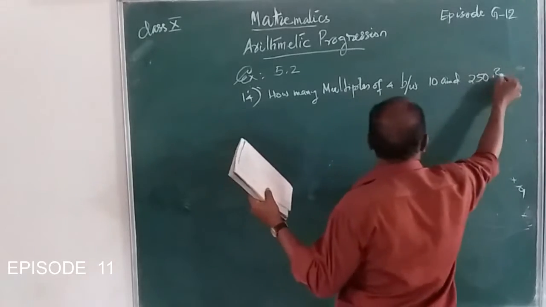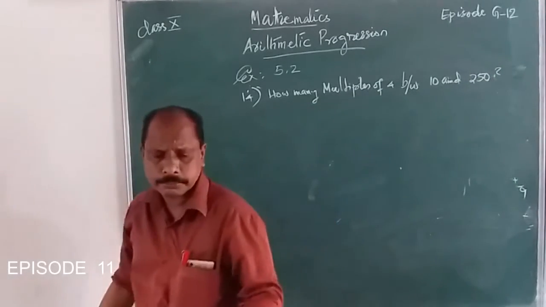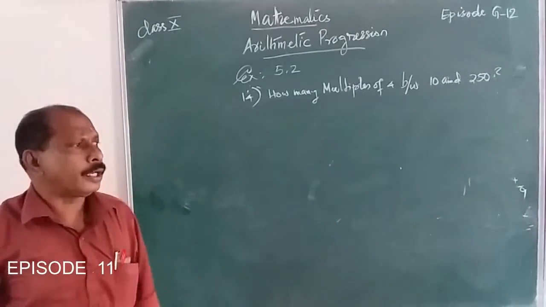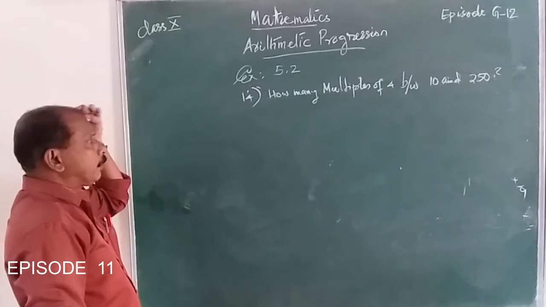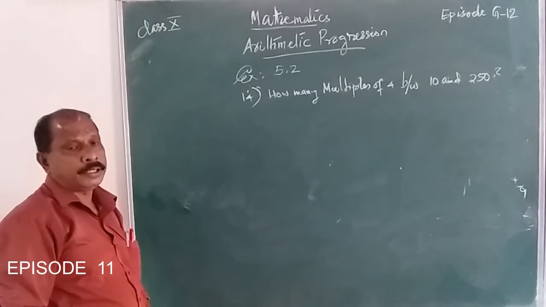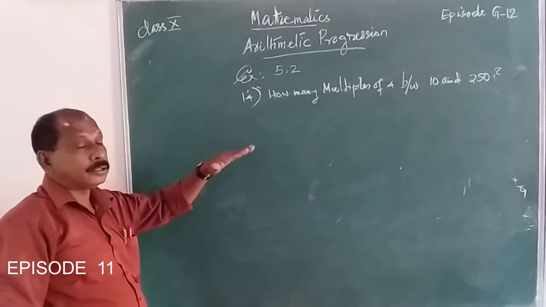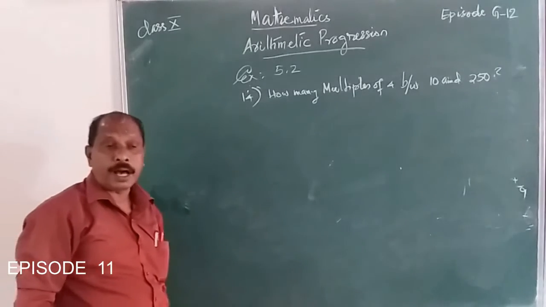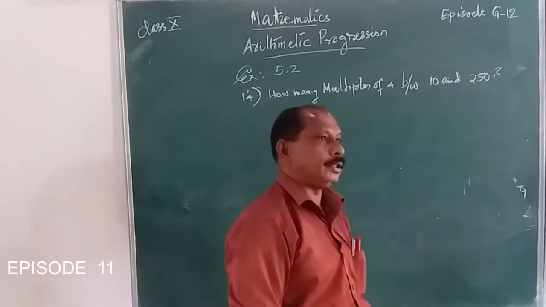That is the next question. Multiple of 4 means it is divisible by 4. Therefore, 10 is the first number and 250 is the last number. Between means 10 and 250 are not included in the series.